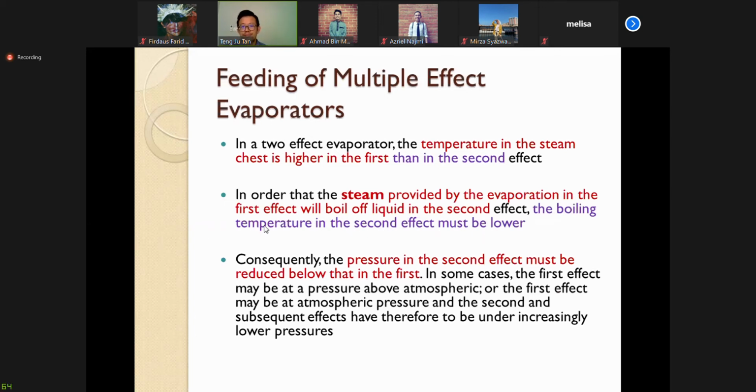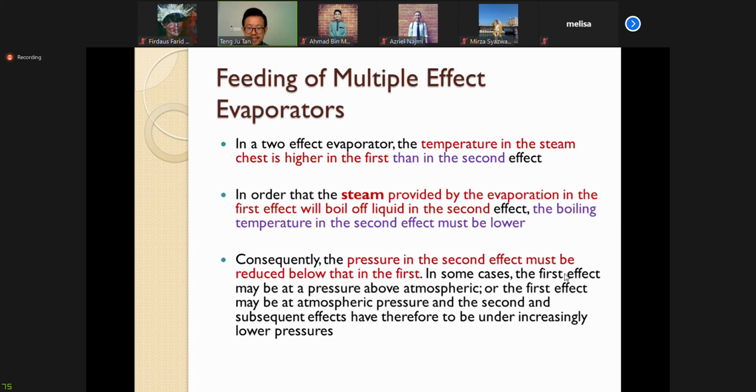So the boiling point of the feed must be lower. Consequently, the pressure in the second effect must be reduced below that in the first. So when the pressure is reduced, the boiling point of the liquid will be reduced, easier to be evaporated.